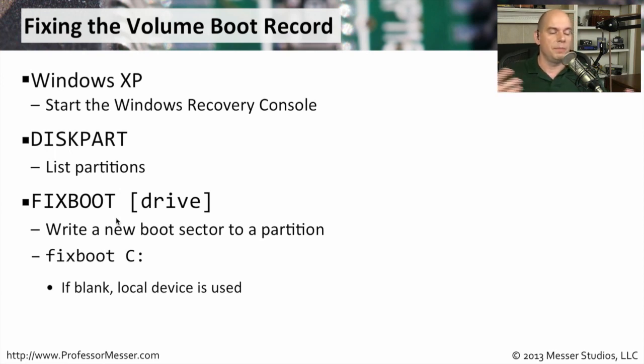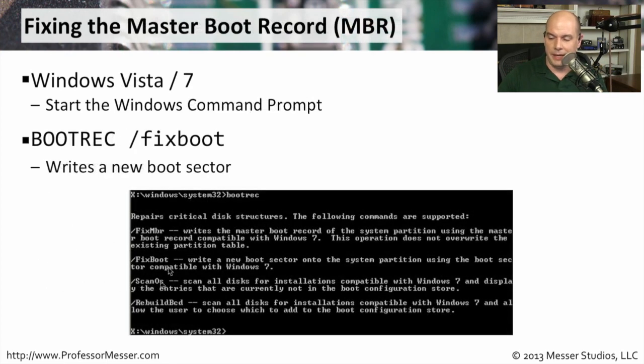And most of the time you're doing both of these just to make sure you fix everything. Sometimes it requires that you do both of them to be able to fix everything. If you're in Windows 7 or Vista, it's that same bootrec command, but instead of /fixmbr, you use /fixboot, and it writes a new boot sector. So there's some very easy ways to go into and fix that boot process.